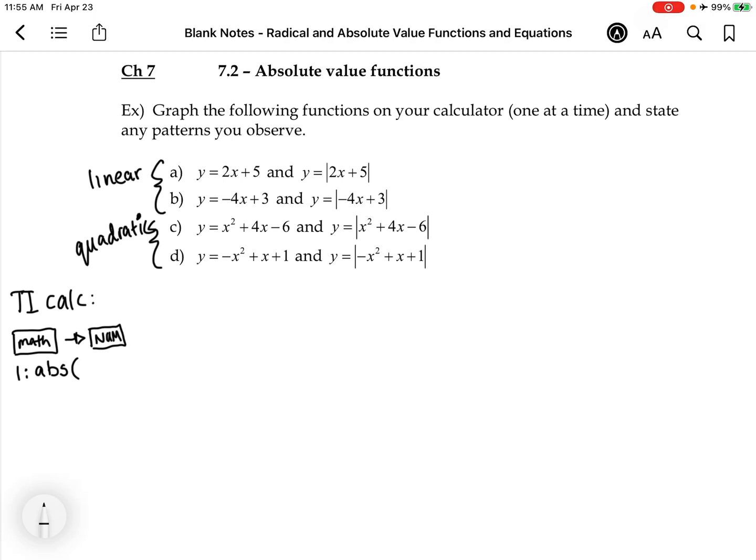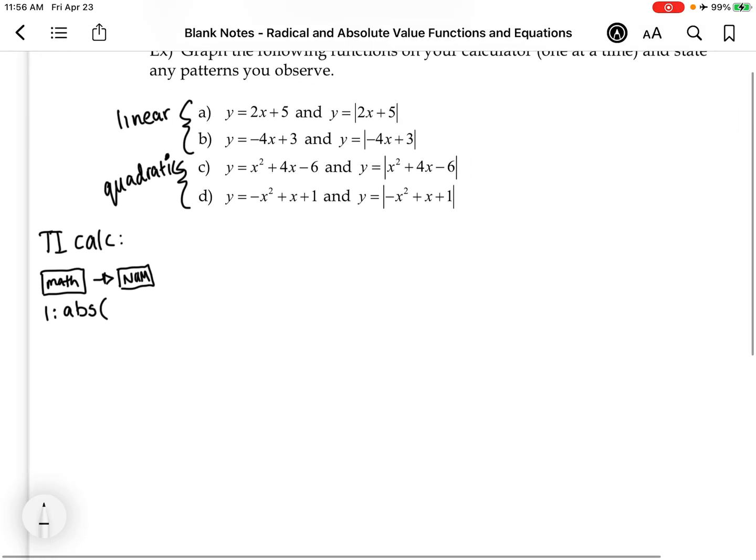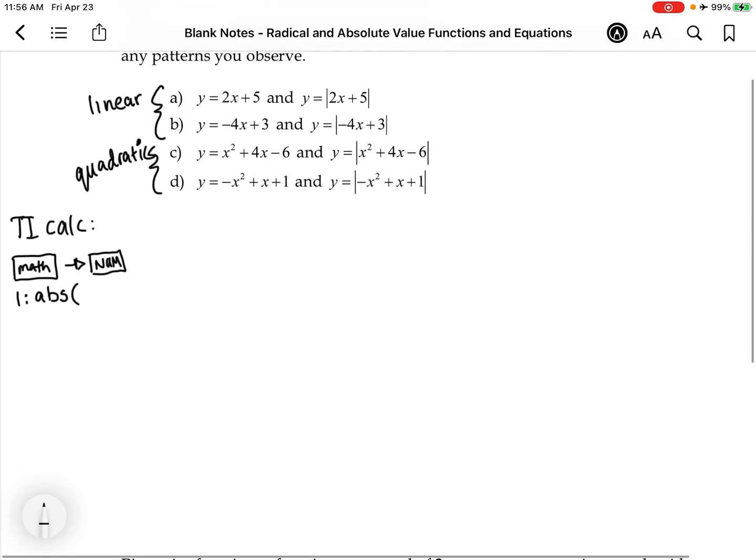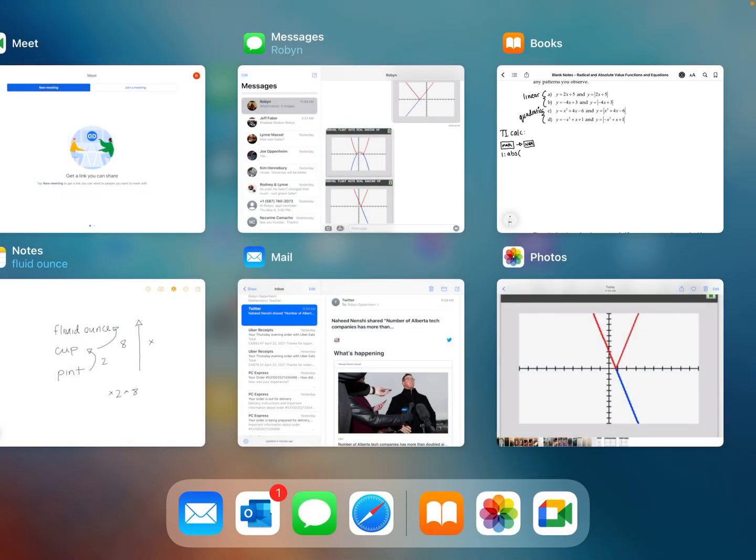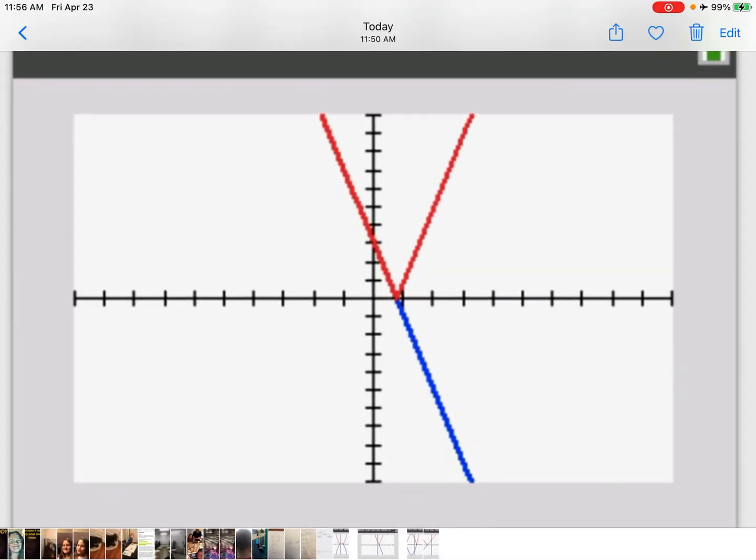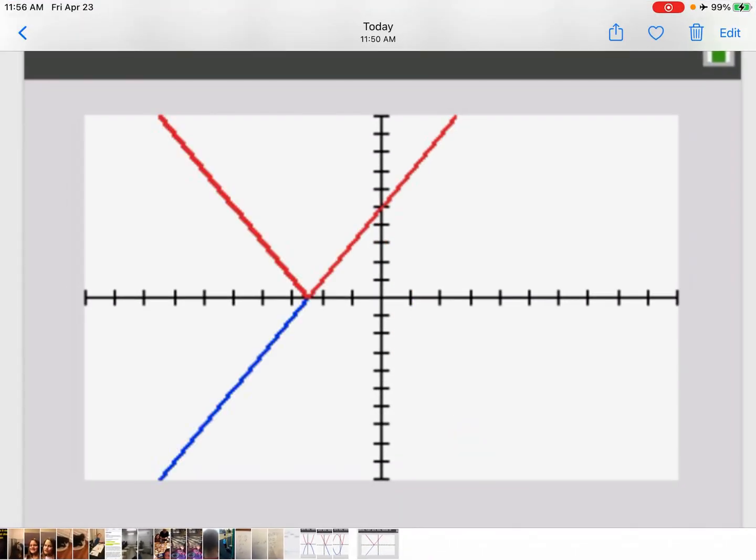Okay, so the first one that we're going to look at is y equals 2x plus 5, and y equals the absolute value of 2x plus 5. So I'll show you the picture of that. Okay, so you can see y equals 2x plus 5. The y-intercept is 5, and the slope is 2 over 1.